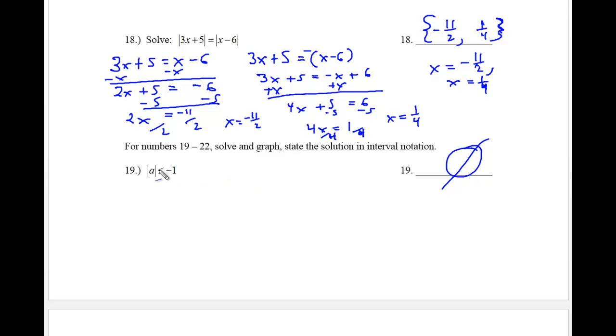And if you're wondering why this is no solution, if you actually solve the problem, you would be asking for a number to be both lower than a negative and higher than a positive at the same time, which is impossible. You can't have an AND statement which needs both conditions met at the same time. So doing the problem out longhand is not going to get you points because the absolute value of any number is greater than or equal to 0, so this is an impossibility.